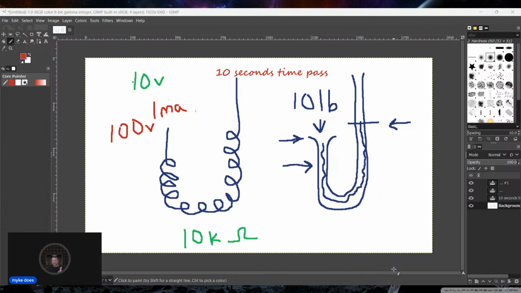So if you divide 100 divided by 10 kilo ohms, you're going to have 10 milliamps. See? So that's not a huge increase. And that's mainly because you've got a really high resistance here on this coil. So you went from 1 milliamp to 10. I don't know why I had to do the calculator on that, but now it's 10 milliamps, right?